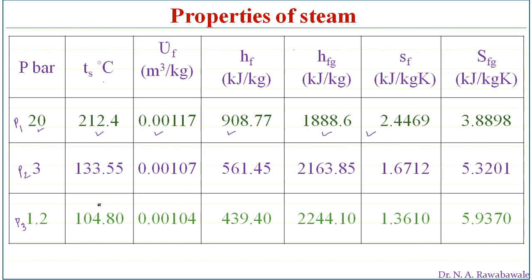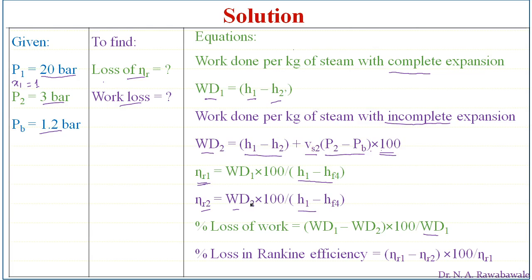So now let us start to solve this problem by two methods. Very first, we have to find H1, then H2, then H2 dash. We know P2 and PB, and the specific volume has to be taken from the steam table, and the rest of the things we can find out. Finding H1 is very simple, but to find H2 dash and H2 we must know the dryness fraction.